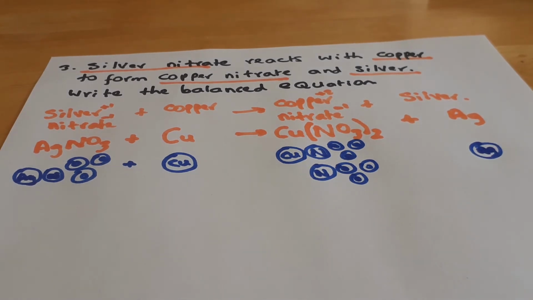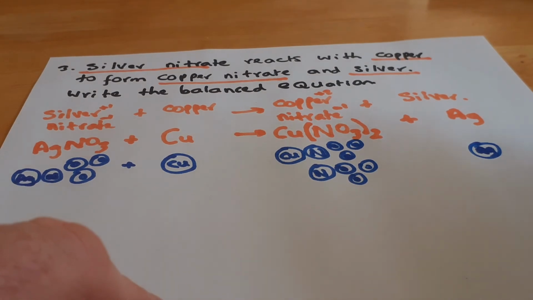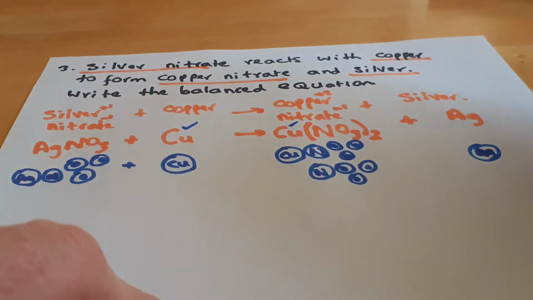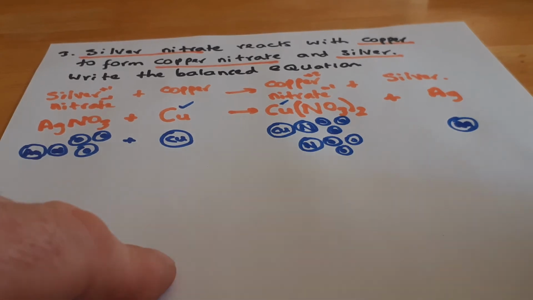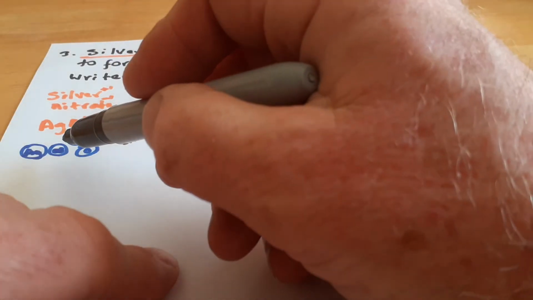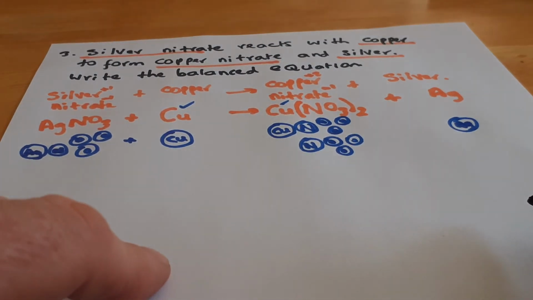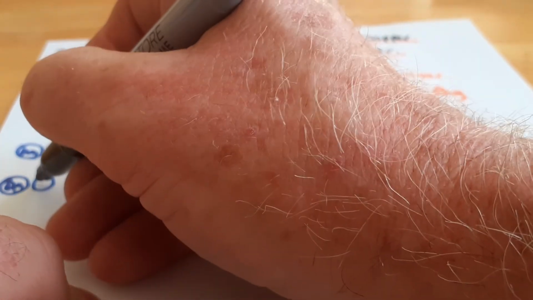Now, in terms of balancing, let's start with coppers. 1 copper, 1 copper. 1 silver, 1 silver. So that looks like okay so far. Now, let's look at the nitrogens. 1 nitrogen, 2 nitrogens. So we will need 2 lots of silver nitrate.